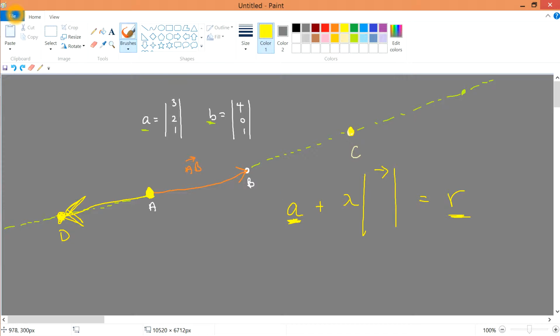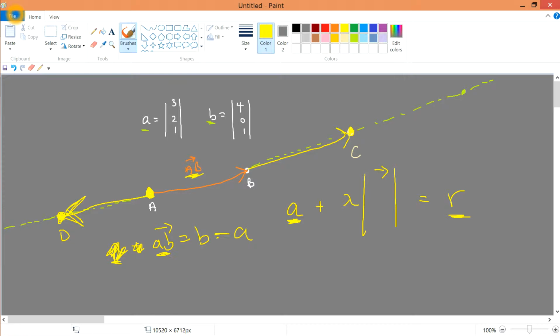Since we have 2 points already, we can straight away use AB. Point A plus a vector equals B. If I bring A to the other side, I have B minus A, and I cancel this off.